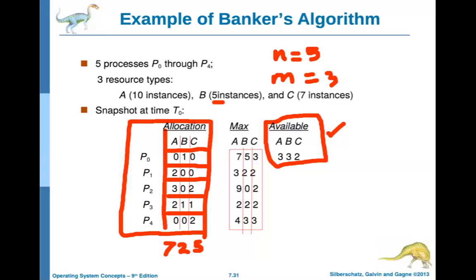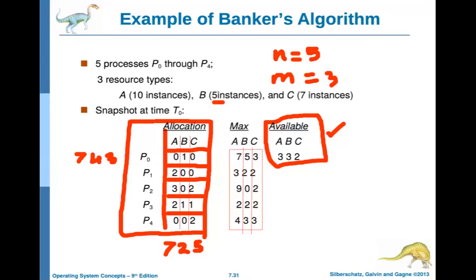For B, maximum need is 5. Current allocation is 1. 5 minus 1 gives me 4. So 4 instances of B are required. And for resource C, 3 is my maximum requirement. Current allocation is 0. So 3 minus 0 gives me 3. So this way you can calculate the Need matrix.